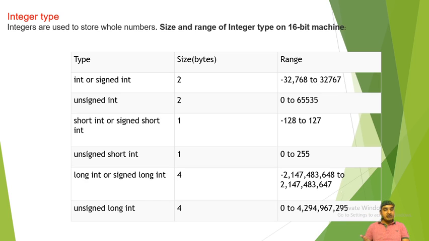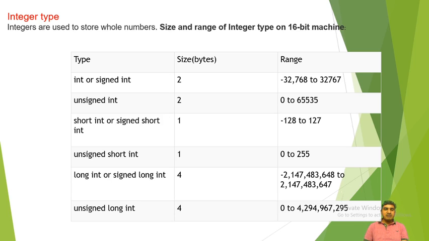The range is from -2147483648 to 2147483647. This is the range of a signed integer, long integer or signed long integer. Now unsigned long integer is again 4 bytes, meaning 32 bits.